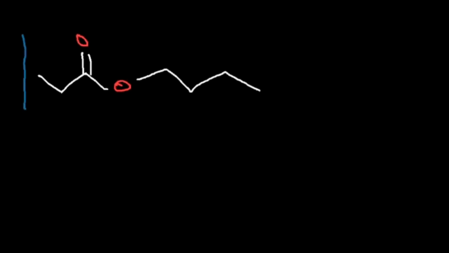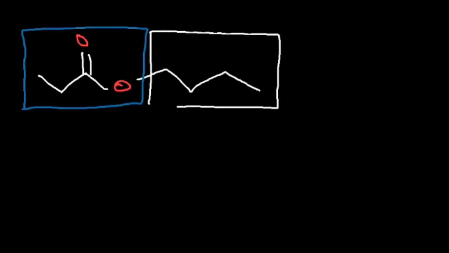So let's separate it into 2 portions. On the right, this is 1, 2, 3, 4. This is the part that doesn't have the 2 oxygens, so we're going to name it first. 4 is associated with butane, so we're going to replace ANE with the suffix YL.